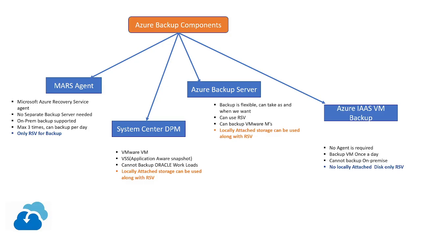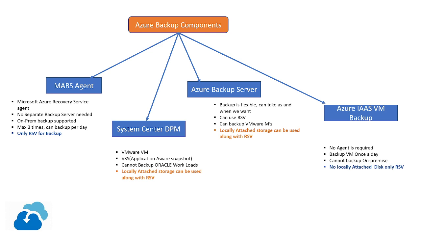Now let us understand some components of Azure, and the various methods of taking backup. One is the MARS agent, the Microsoft Azure Recovery Services agent. Using the MARS agent you can take the backup of applications.